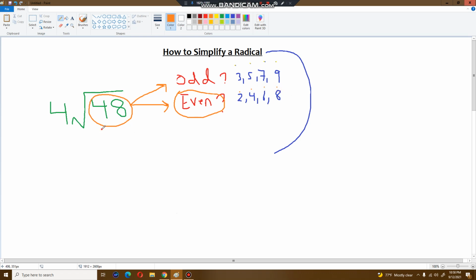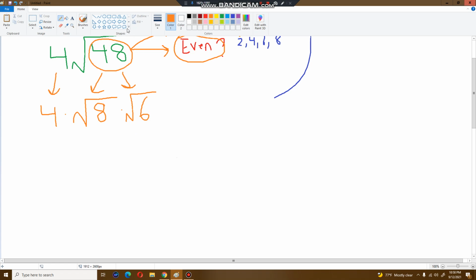Well, let's break it down to two little parts. I do know that 8 multiplied by 6 is 48. 8 times 6 is 48, right? And of course, let's not forget the 4, bring that down too. Well, let's see now. Can I break down any of these radicals into smaller parts?